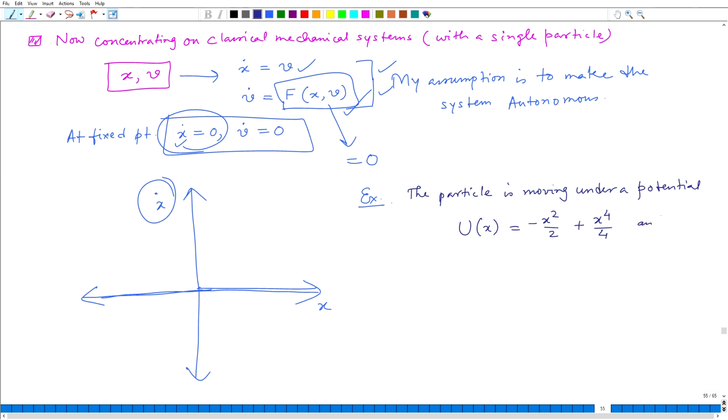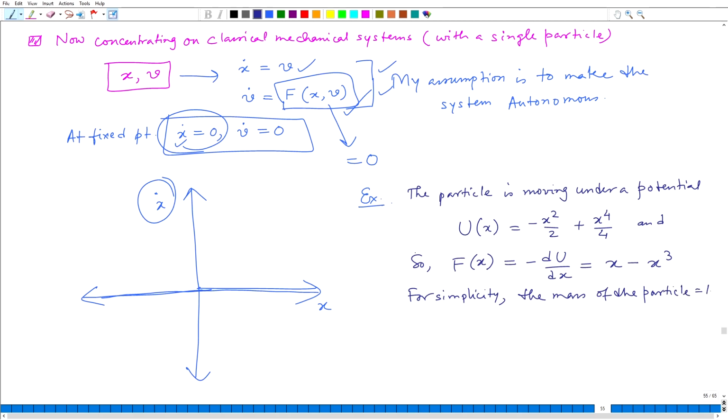The force acting on the particle is simply minus dU dx, which is x minus x cube. For simplicity, we consider the mass of the particle to be equal to 1. Then, what are the fixed points?